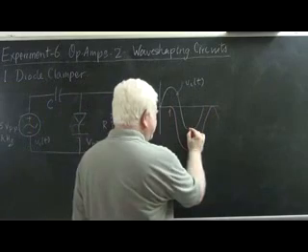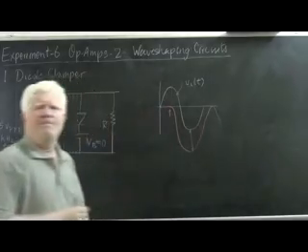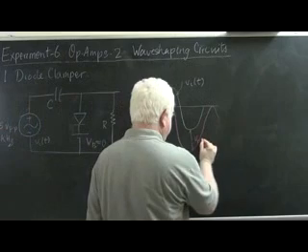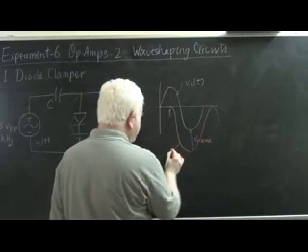Where this is the fully charged capacitor voltage, VC max, we can call it. So this is VO of t.